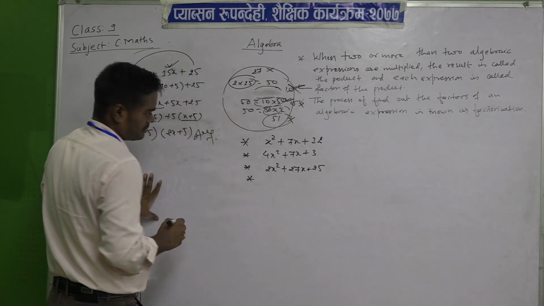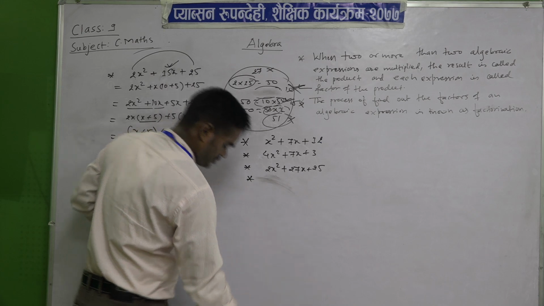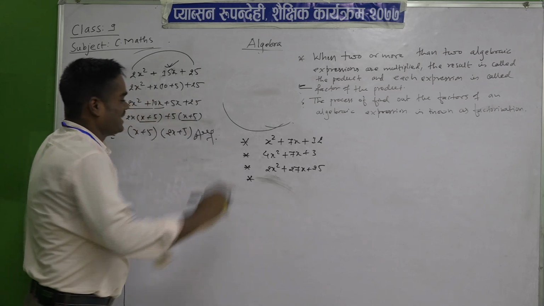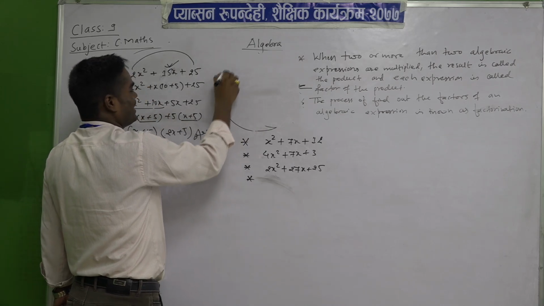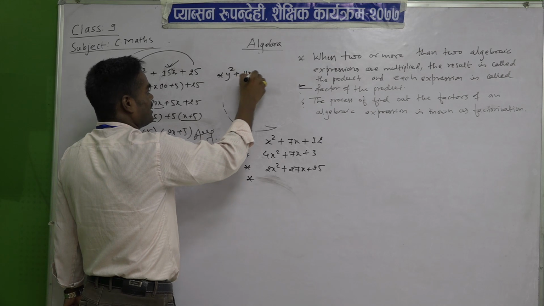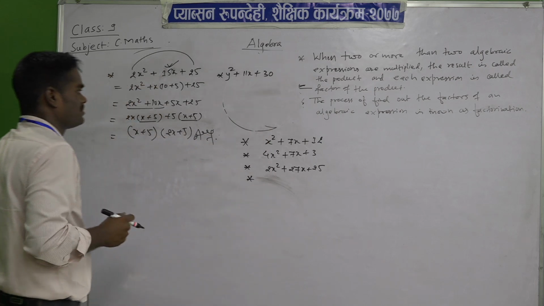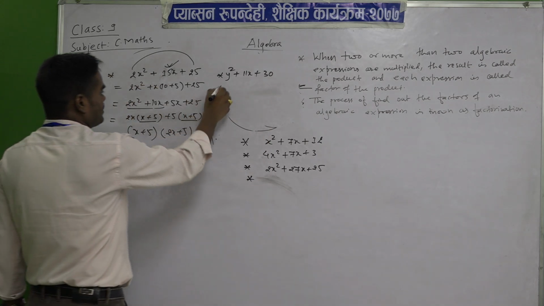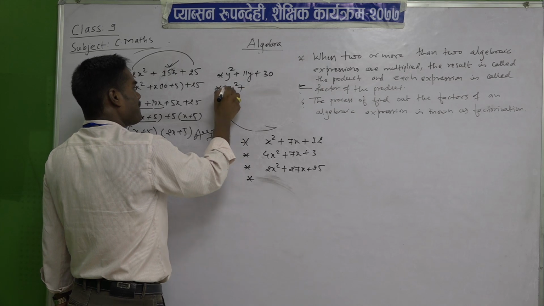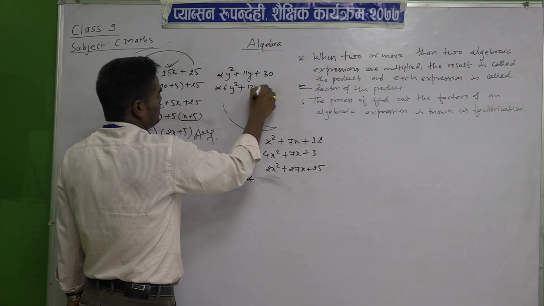And then after x square, or you can write y square, plus 11x plus 30, and likewise 6y square plus 13x plus 5.